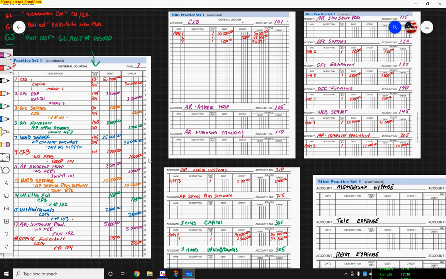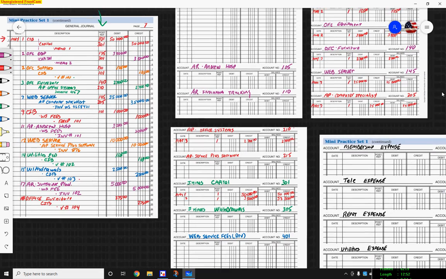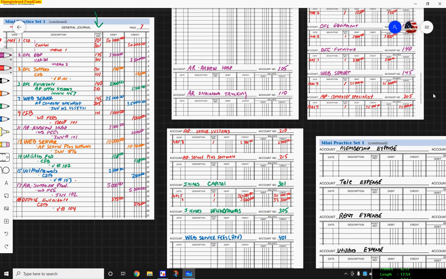It was considered fees revenue. We earned the money. So web service fees. And let's say it's probably down here somewhere. Web service fees. So the date of the transaction was the 9th, so May 9.